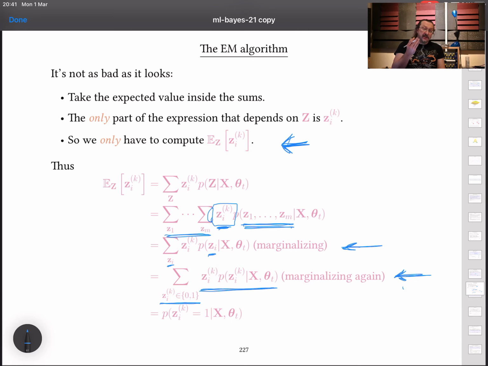And because that's an indicator random variable, it's only 0 or 1, it's actually equal to the probability that the ith vector was generated by the kth cluster, but now conditional on actually knowing the data and the parameters.